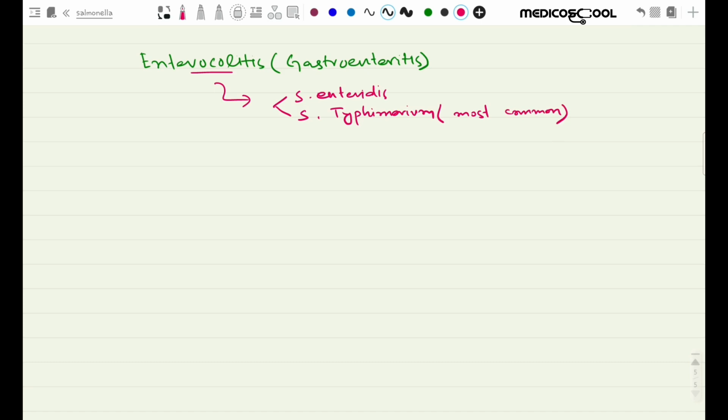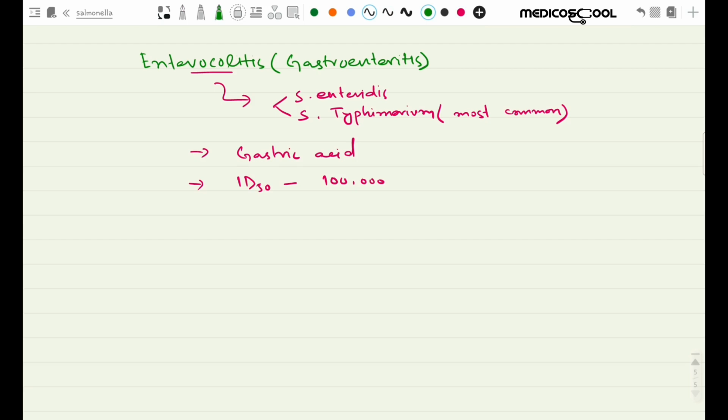These two species are mostly killed by the gastric acid. So a lot of organisms are required to cause the enterocolitis. They have an infectious dose of about 100,000 organisms to cause the enterocolitis or the gastroenteritis.